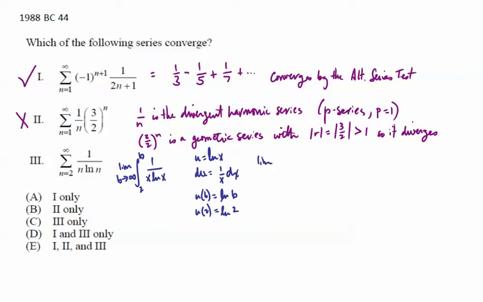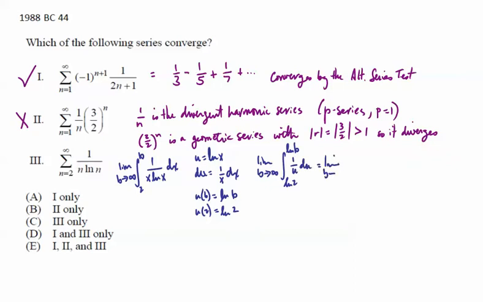Then I think we're ready to go here. We have the limit as b approaches infinity of the integral from ln of 2 to ln of b of 1 over u du. I forgot the dx over there.